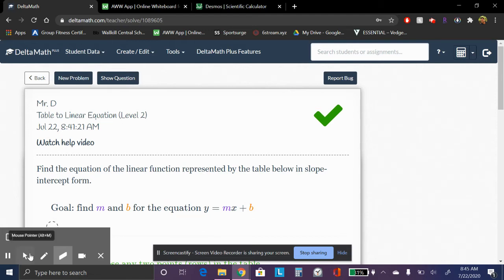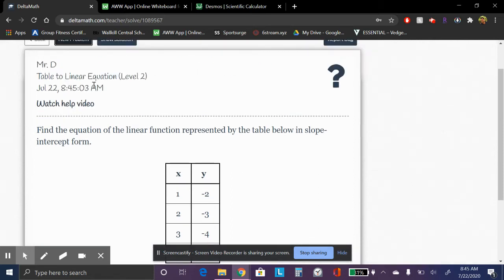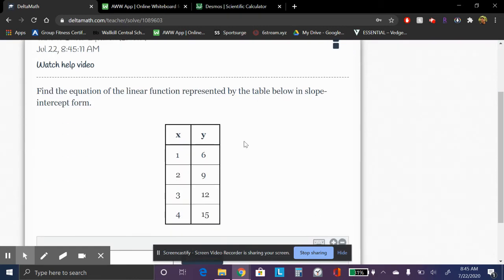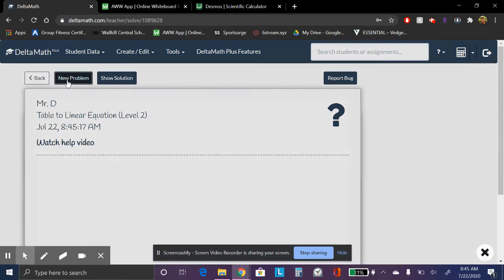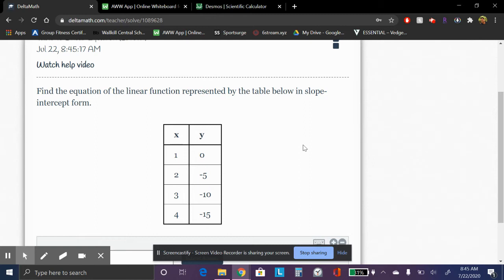All right, let's look at the next one. I think these are all going to start from 1. Let's just double check. Yeah, I think most of these start from 1. Okay, so let's look at this one. Now you could see the trend here.